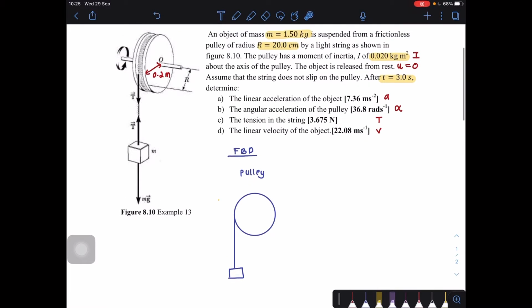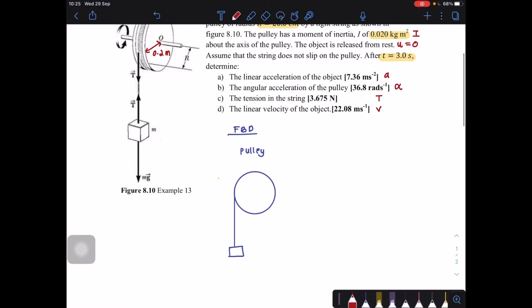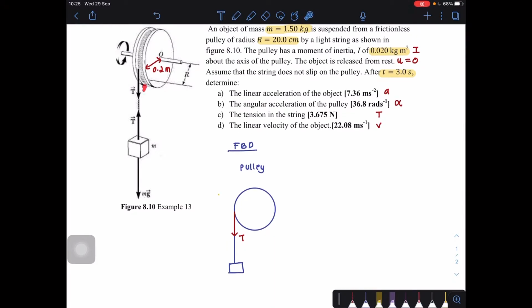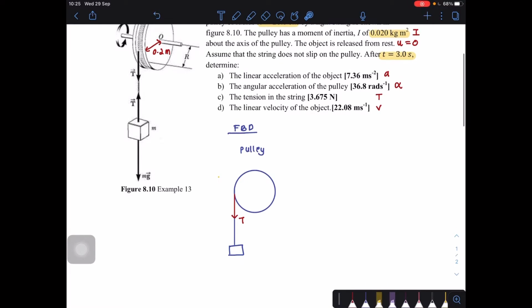Okay, so now kita akan identify apa forces acting on the pulley. Okay, so kalau ada string, obviously akan ada tension force. So tension force always pointing away from the object. Actually sudah dibagilah dekat sini, tapi kalau tidak dibagi, kamu kena ingatlah. Tension force ni mesti always away from the object.